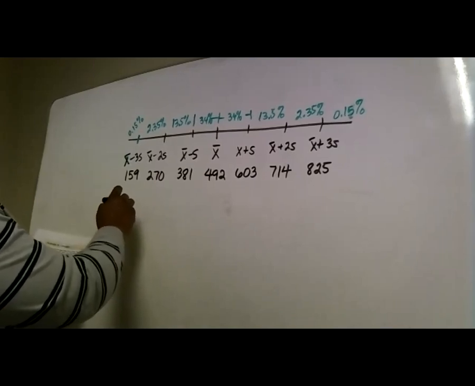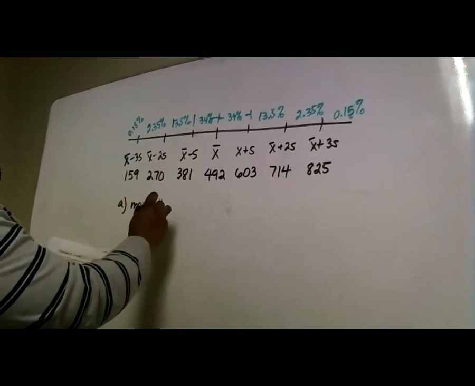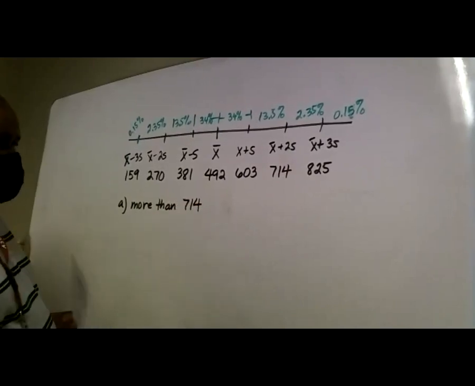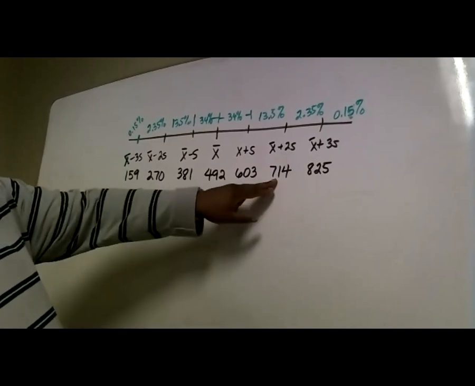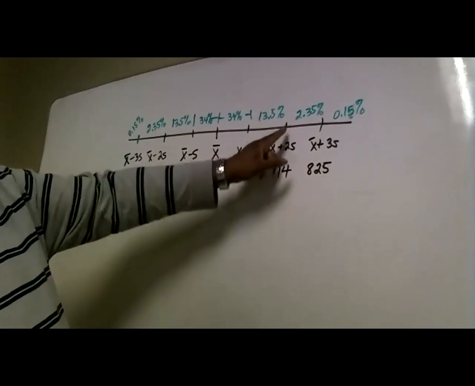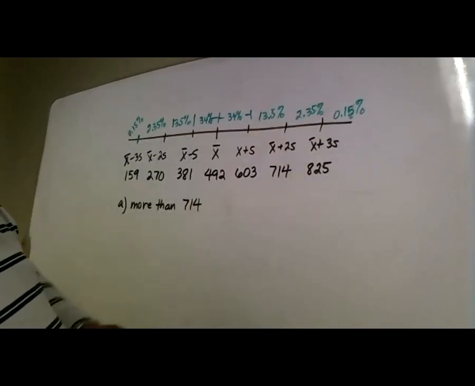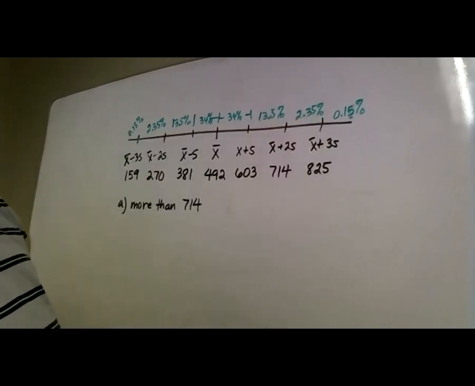What percentage of students have scores more than 714? So here's 714. More than is everything to the right of that. So we need to look at these percentages that are to the right of 714. 2.35% plus 0.15%.